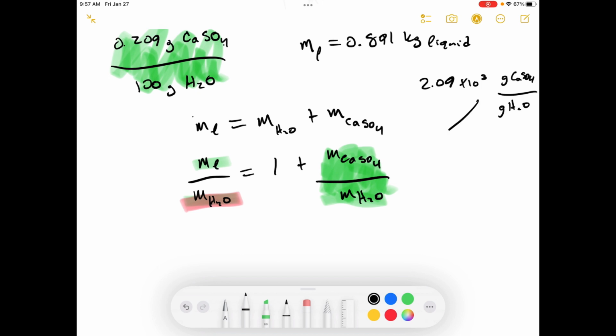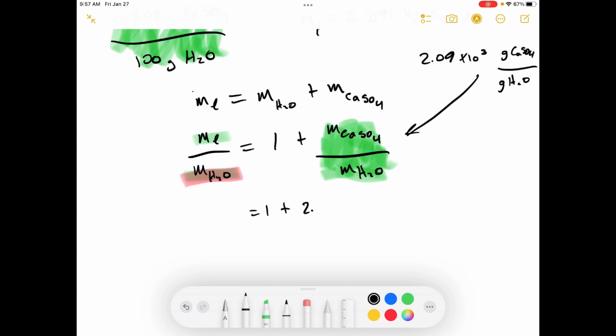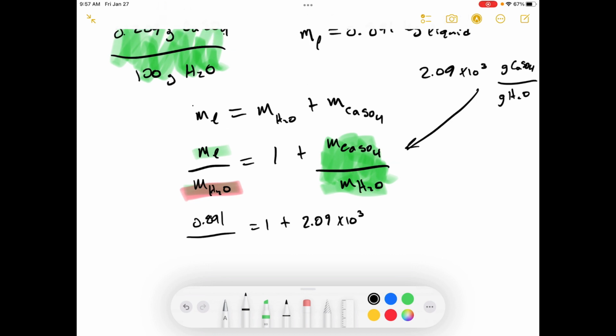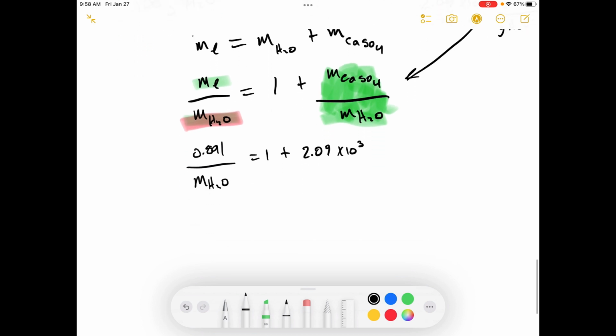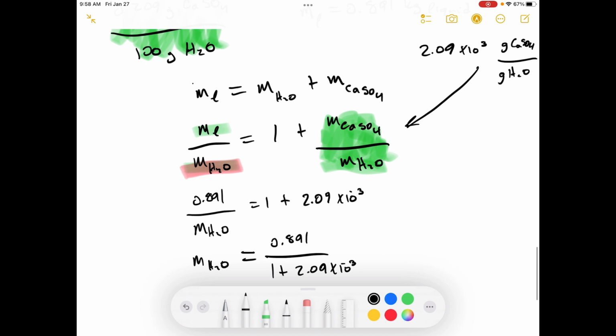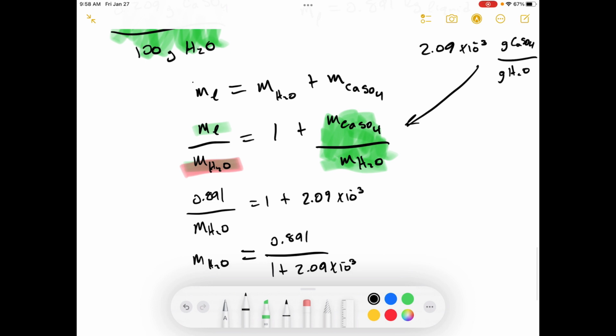So that's what we can replace into this number. 1 plus 2.09 times 10 to the 3 divided by the mass of water. And now we can get what the mass of the water is. And that equals, oops, I need a minus 3 there. Sorry about that, minus 3.